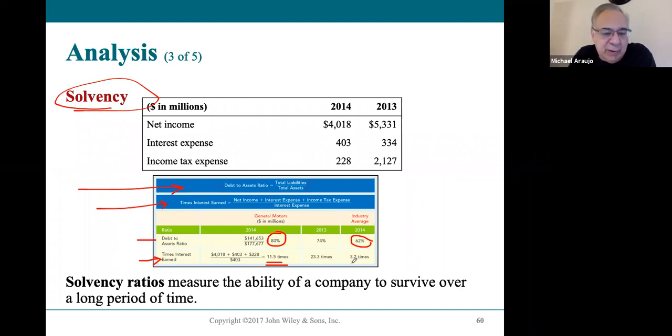Which is a very high rate compared to the industry, which only has about 3 times, the profit only represents 3 times the amount of interest payments on their debt. So in that sense, GM's doing much better because their profits are much, much higher than the amount that they actually pay interest on their debts.